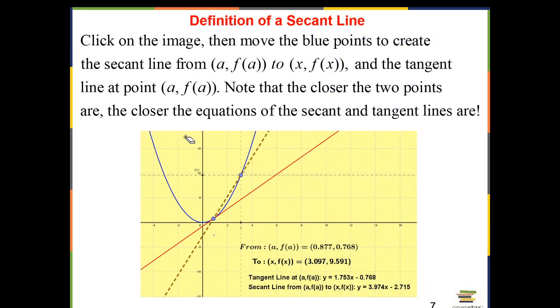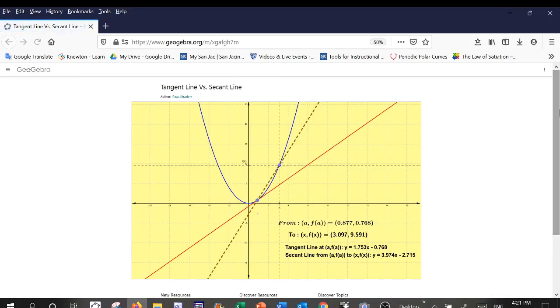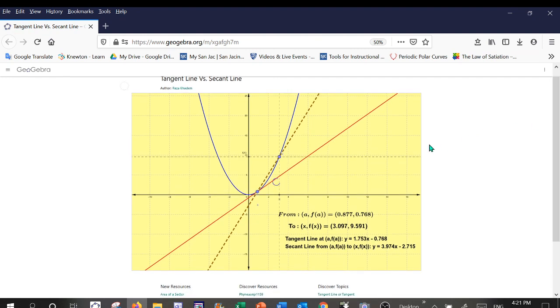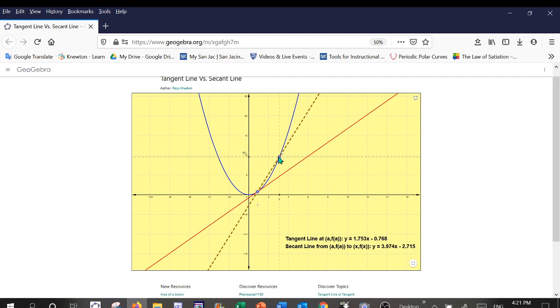So let me take you to this animation here online to show you what we want to do in this section. You see, this is the secant line, and this right here, the red one, is the tangent line. So what we are interested in doing is this.